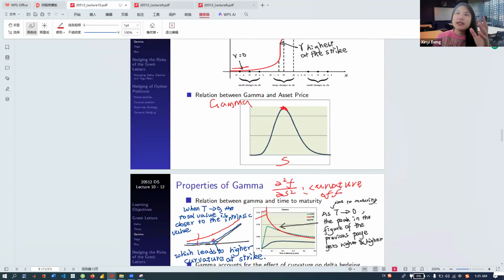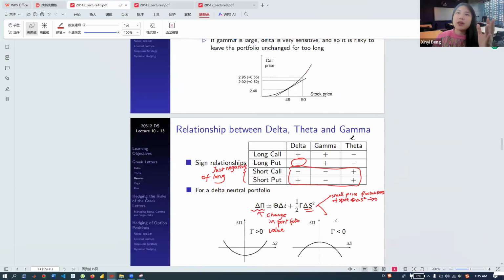Therefore, regardless of calls or puts, theta is always negative, since as time goes by, the time value decays for both calls and puts.